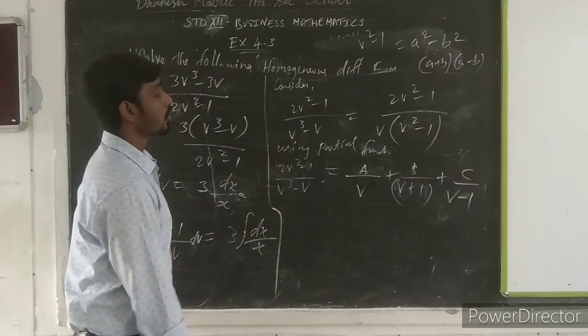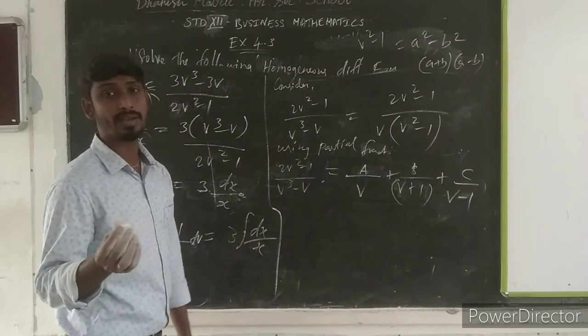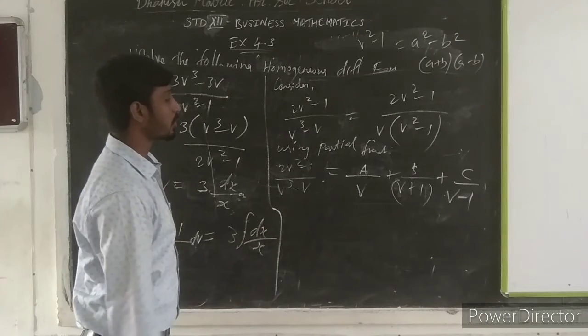Now we are going to cross multiply this one. You already know very well about partial fractions.